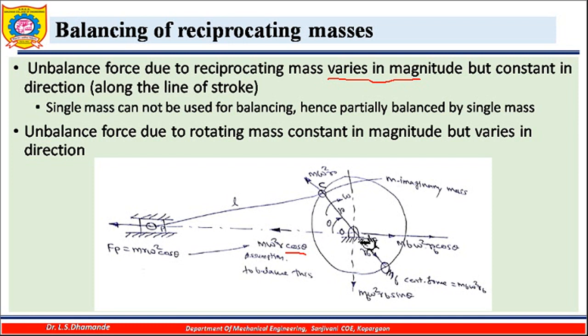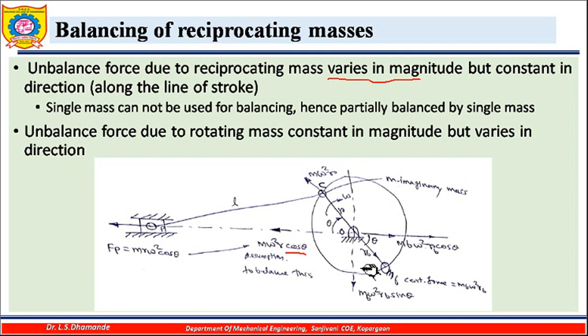We can balance it by putting a balancing mass on this side, but the direction of this force is along the line of stroke. The component along the line of stroke will get balanced, but an additional component in the vertical direction will get introduced, because of which we cannot do complete balancing, and we have to go for partial balancing.